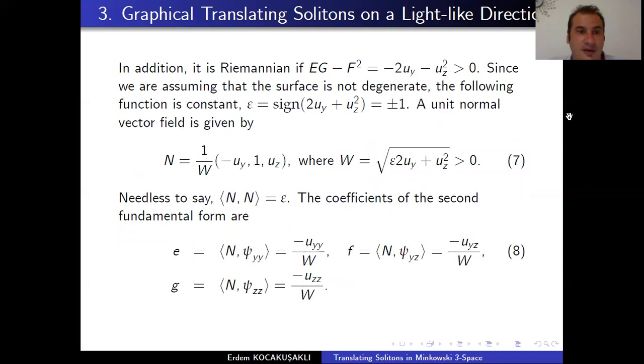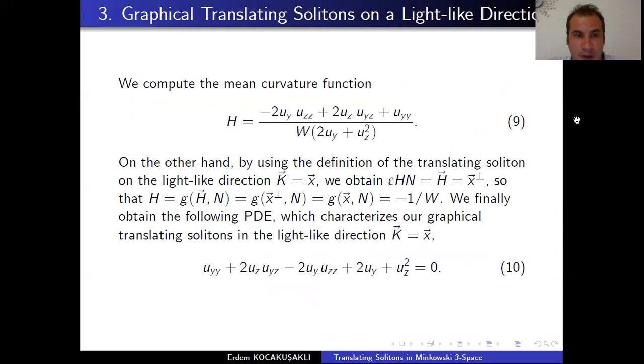We can easily obtain the unit normal vector, and the coefficients of the second fundamental form are given in expressions 7 and 8. Then we can compute the mean curvature function, given in 9, and by using the definition of a translating soliton in the light-like direction K, we obtain the partial differential equation given in equality 10.